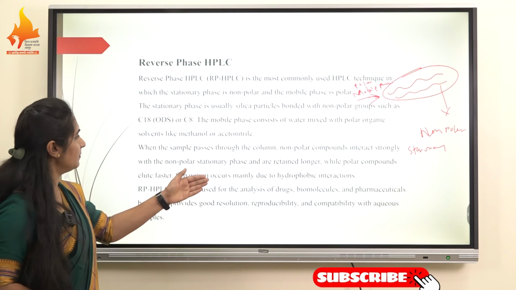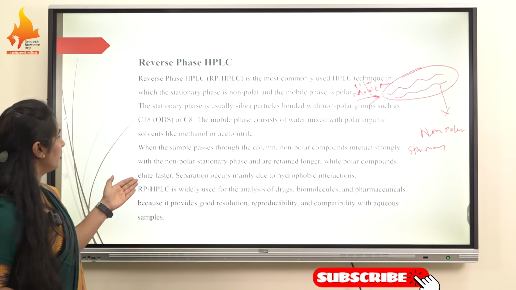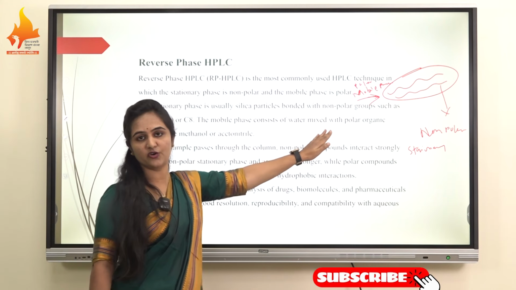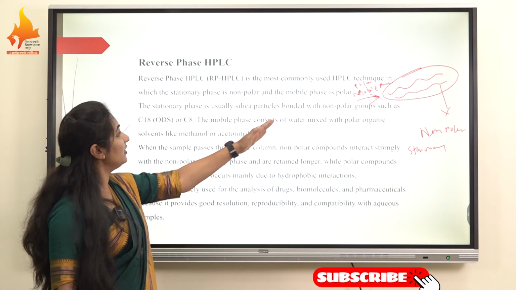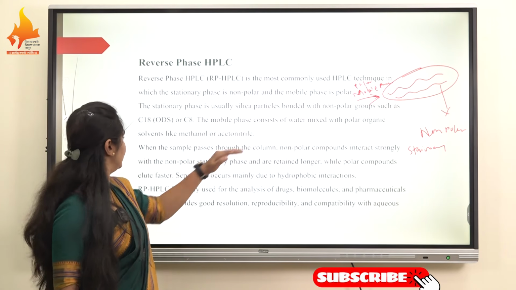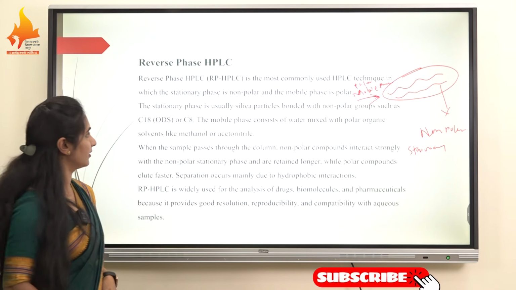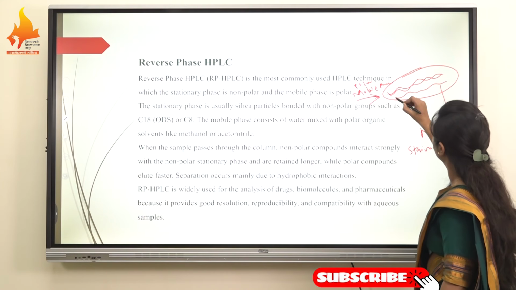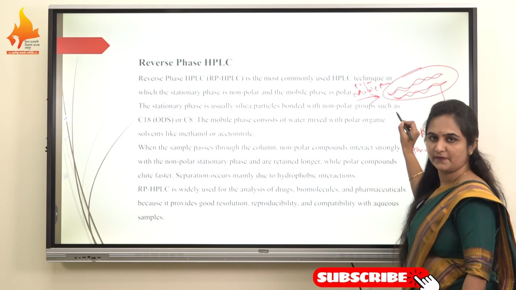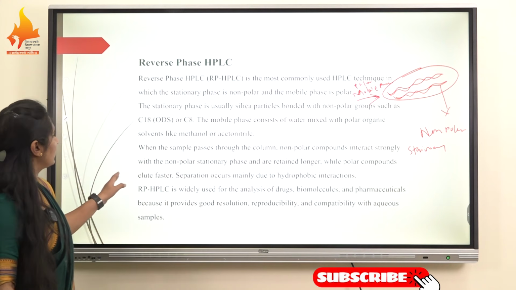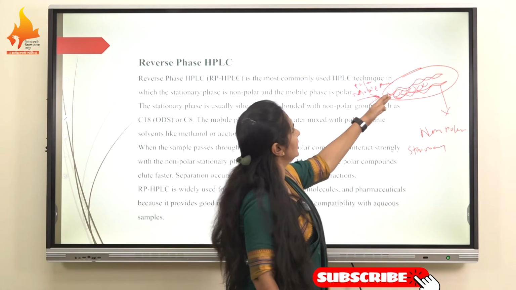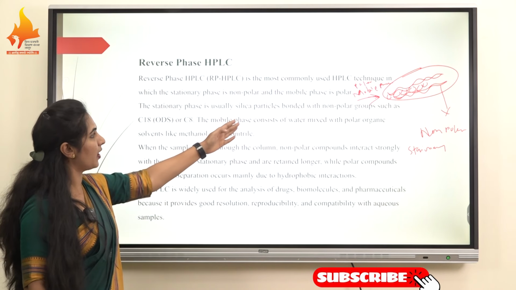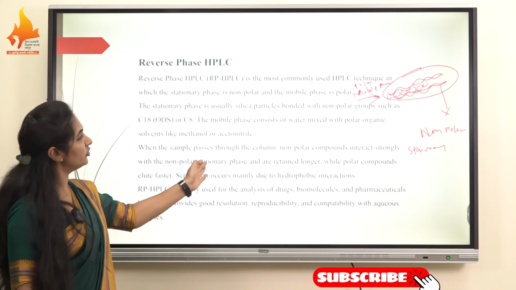When the sample passes through the column, the non-polar compounds present in the sample interact strongly with the non-polar stationary phase and are retained longer, while the polar compounds are carried faster and elute faster, because this is the opposite.